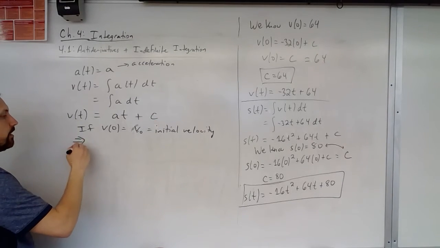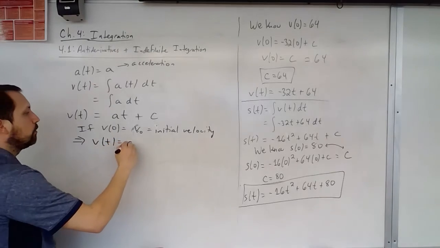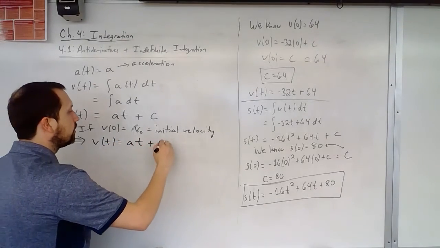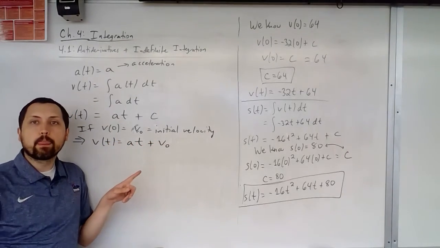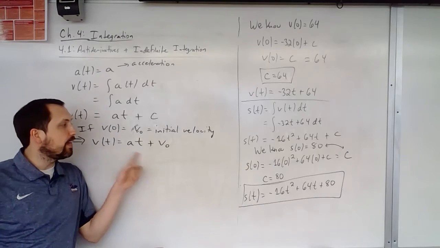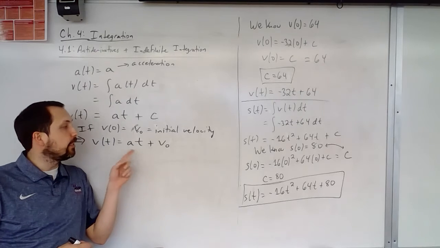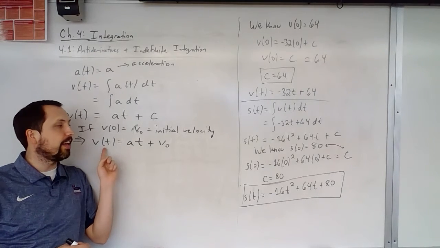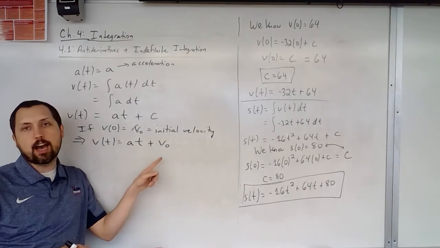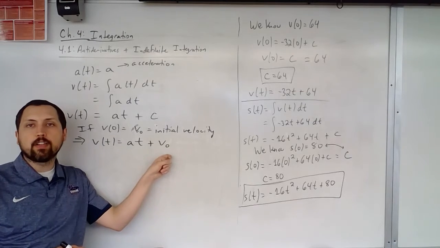I'm going to get v of t is equal to at plus the initial velocity. You may have seen this function in physics in high school: the velocity at any given time is the acceleration times time plus my initial velocity.